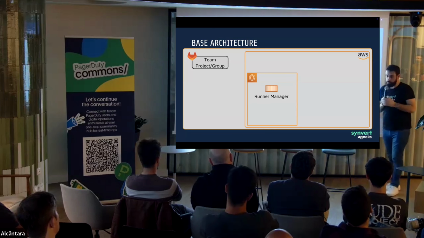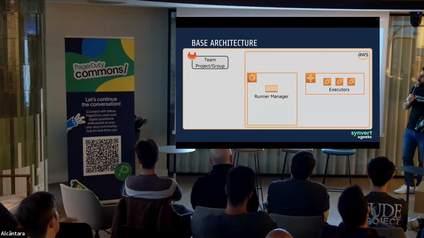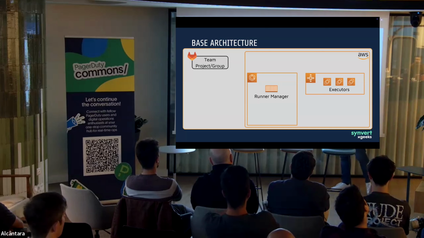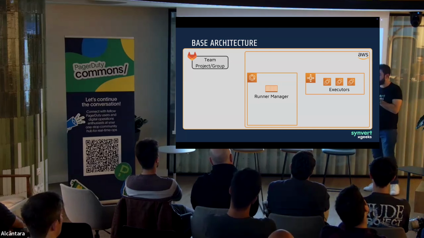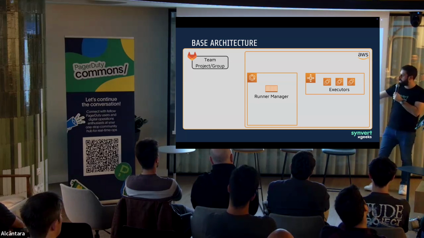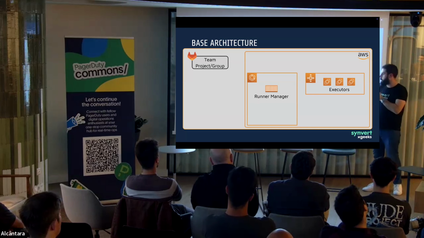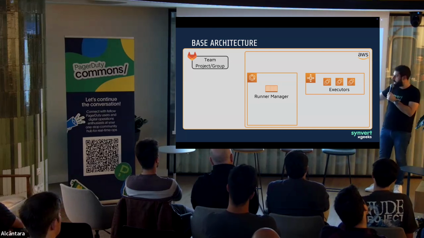It depends what the teams define. Once they receive a job, they will scale the auto-scaling group, and inside that auto-scaling group, some machines will be provisioned, what we call executors.